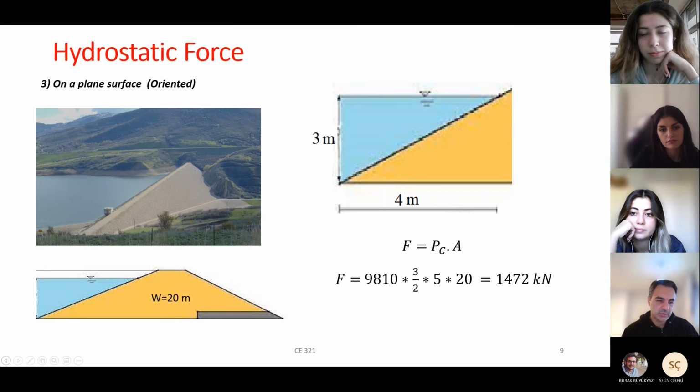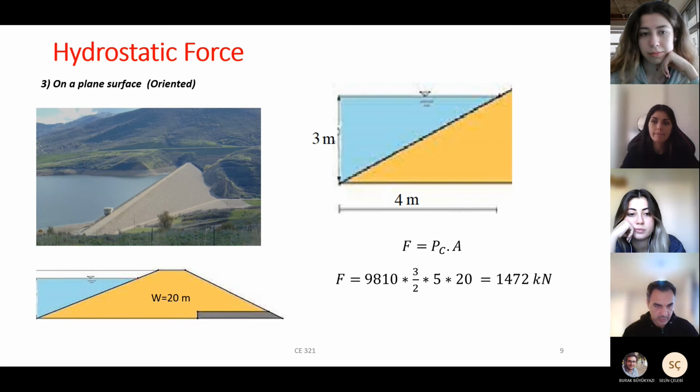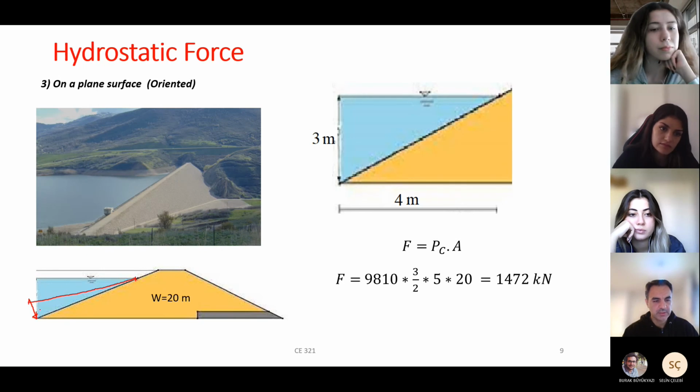And if I want to show you the linear distribution of pressure, I can show it in this way. What is the pressure here? 0. What is the pressure here? Gamma h, which is maximum. Pressure is always perpendicular to the surface, therefore the pressure distribution could be linear like this.